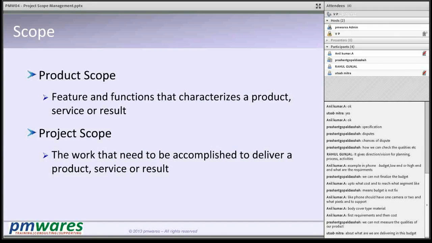As I just mentioned, there are 2 things in scope, the product scope and the project scope, because product scope is part of the project scope. But if you are asked specifically about the project scope, you only talk about project scope. Don't include the product scope. So what is product scope?